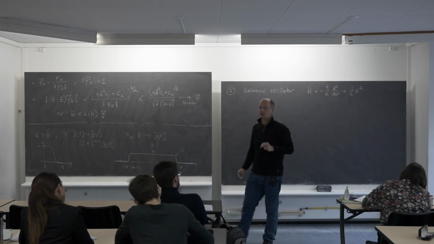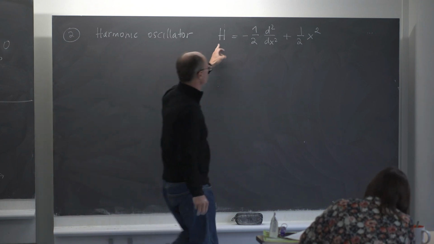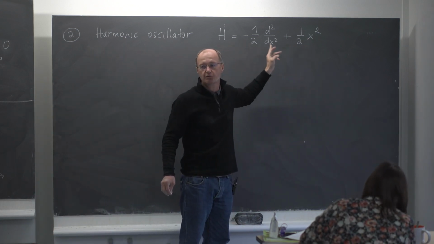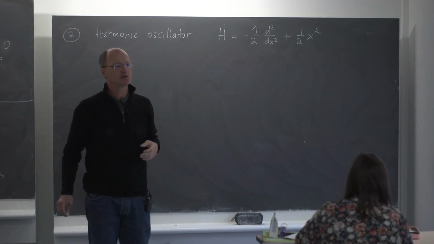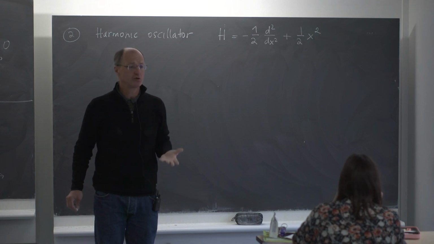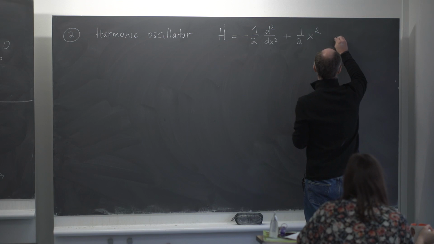If you look it up, we discussed that this is actually a self-adjoint operator, or if you define it on some nice, let's say, Schwartz functions, then it's essentially self-adjoint and it admits a unique self-adjoint extension.